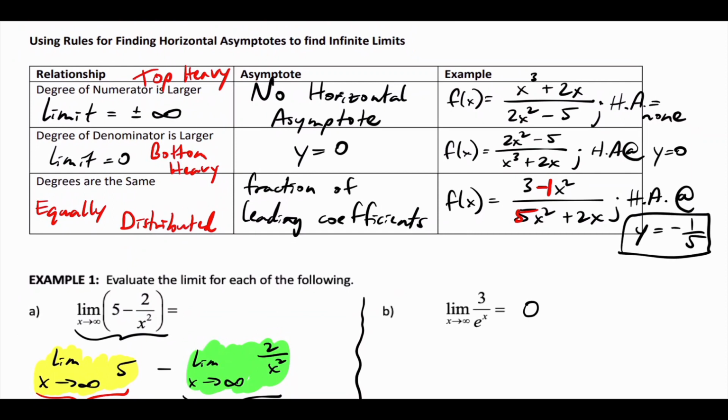Okay? Anytime the limit approaches either positive infinity or negative infinity, we have 3 options.